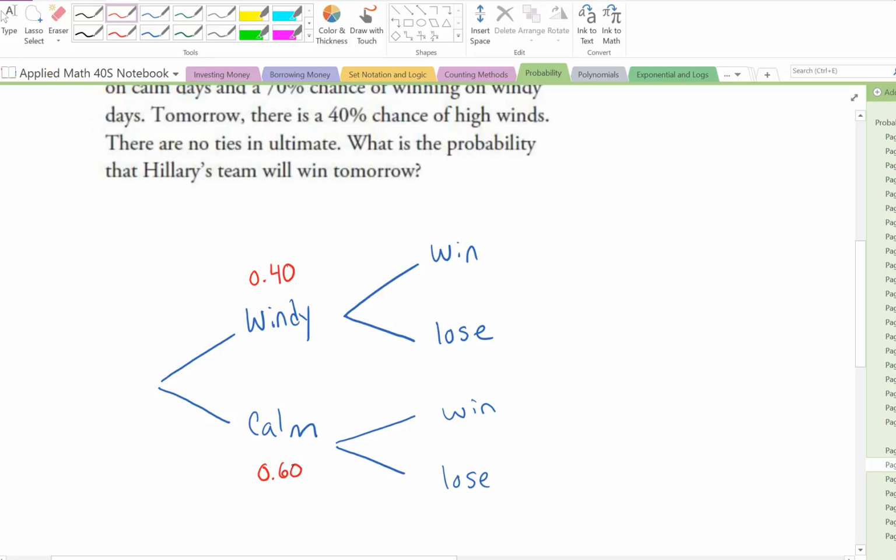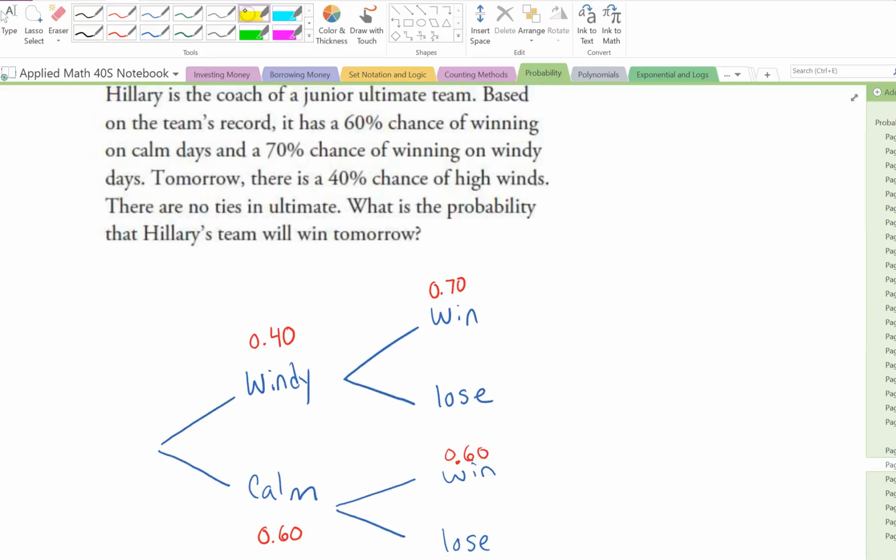Now it says on a windy day, based on the team's record, it has a 60% chance of winning on calm days and a 70% chance of winning on windy days. So on a windy day to win, that would be 0.70. And on a calm day to win would be 0.60. So again, they're giving us that information here. That's coming from here and here.